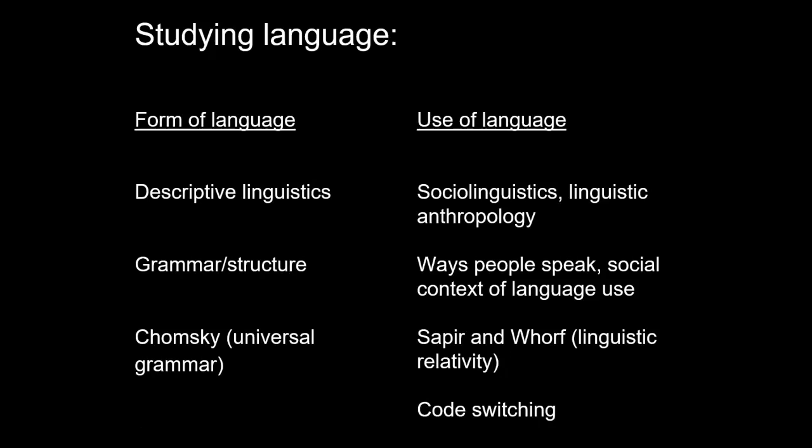So the ways that people speak and the social context of language use. In terms of the study that we are talking about as linguistic anthropology, a couple of the key players for this approach are Sapir and Whorf, who you read about, and their key concept of linguistic relativity, which we'll also talk about in a second.